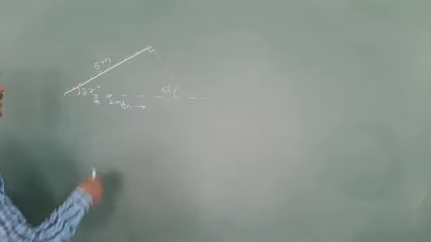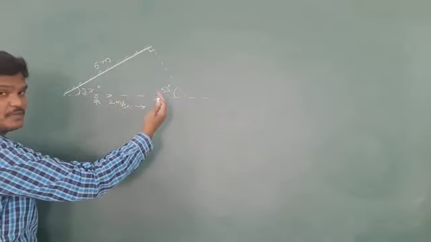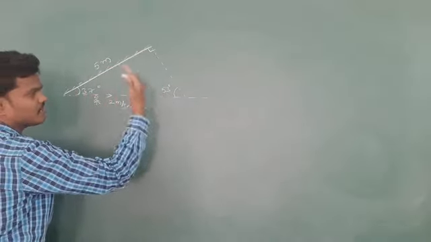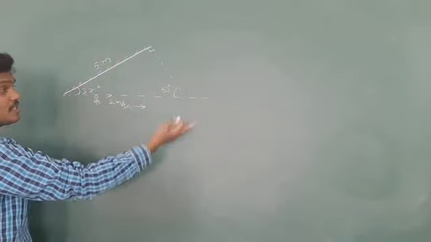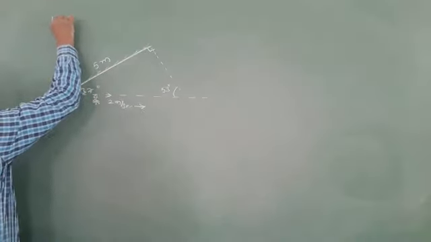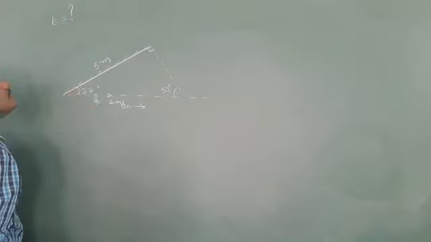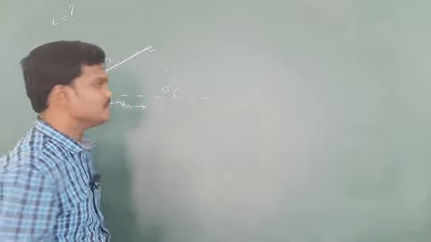Means after what time? Up to a certain time he is able to see his full image. After what time is he unable to see the image? That is our target. After what time interval is he unable to see his own image inside the mirror.